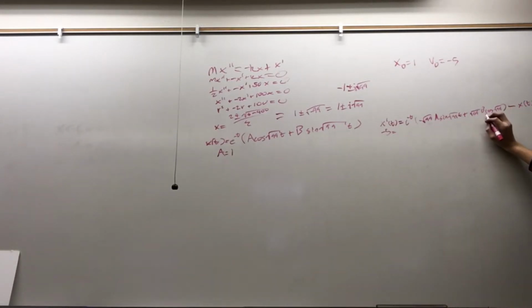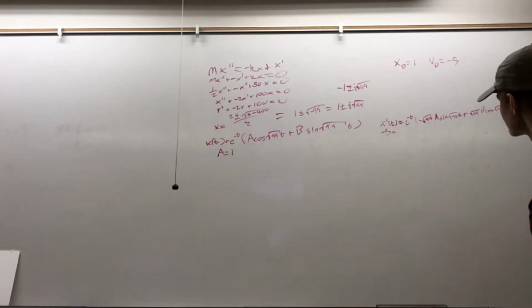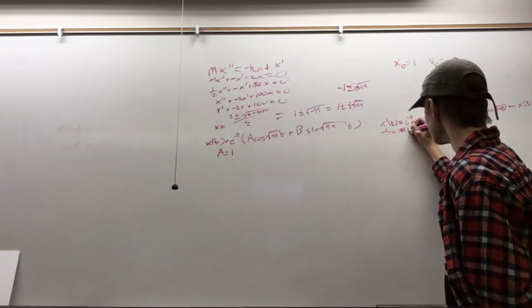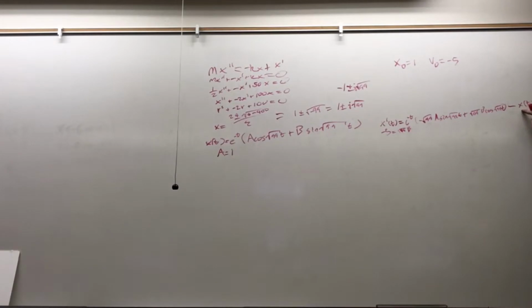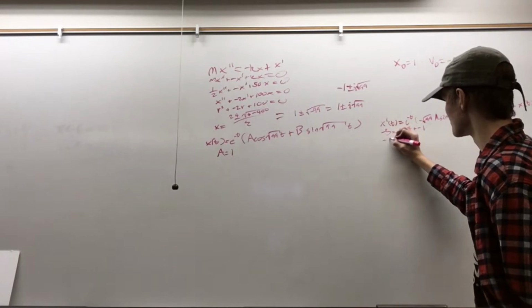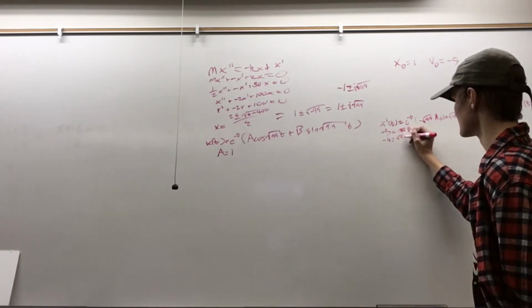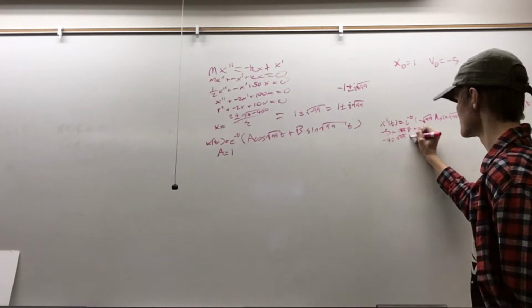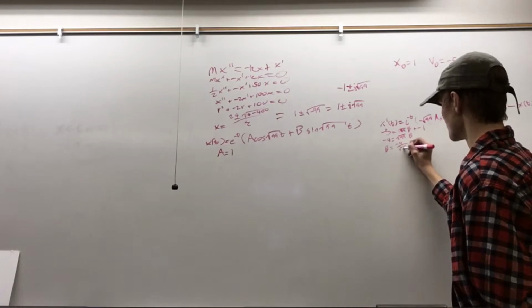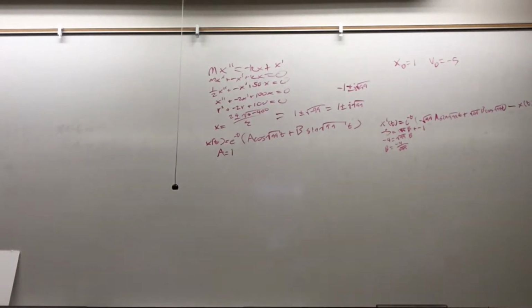Square root of 99 times b times cosine of square root of 99t, t is 0, so that's cosine of 0, which is 1, so negative 5 equals the square root of 99 times b minus 1, because x of 0 is 1. Add 1, negative 4 equals square root of 99 times b. b equals negative 4 over the square root of 99.